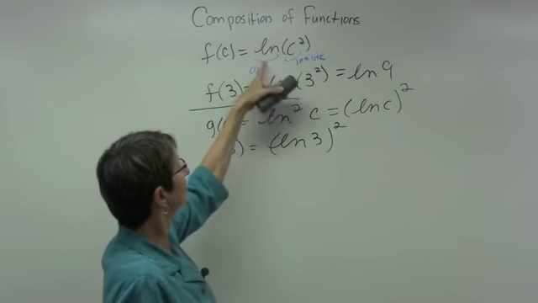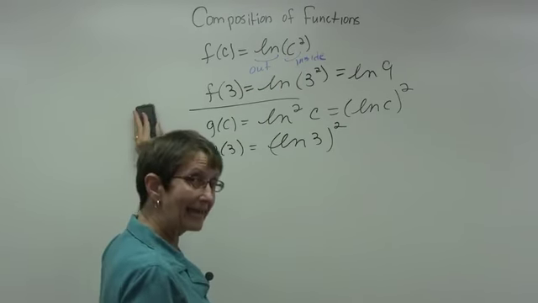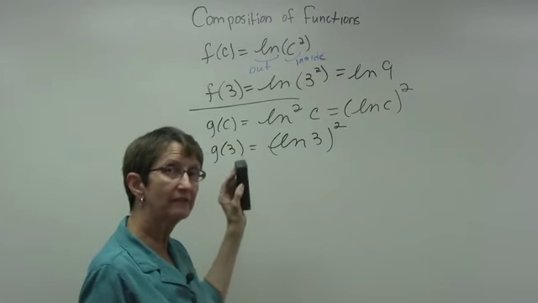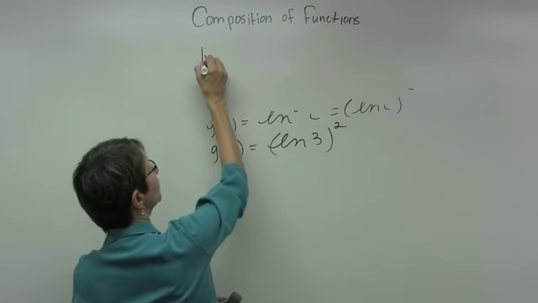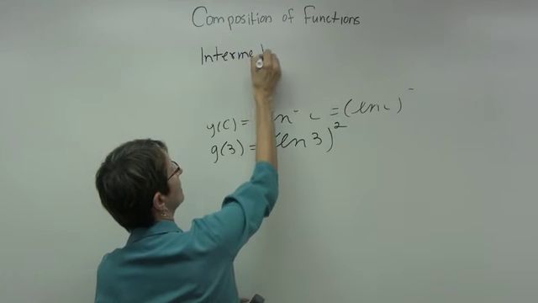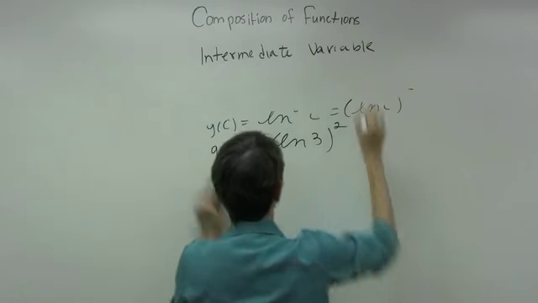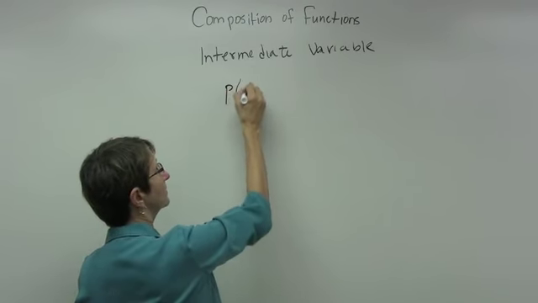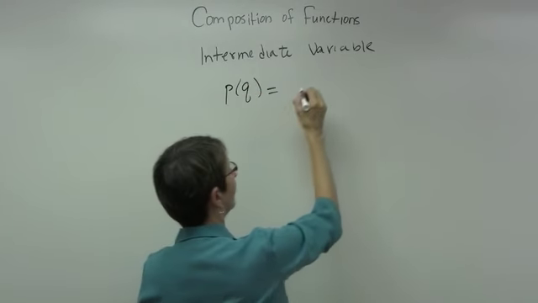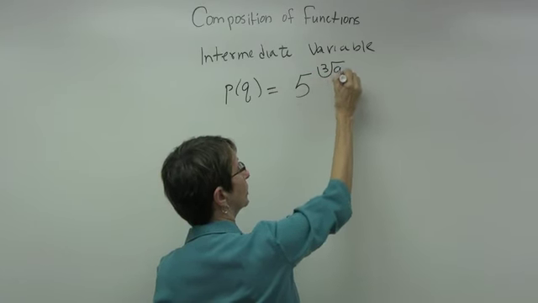Now, I didn't write an outside function and an inside function. I did not write them separately, but we can using what's called an intermediate variable. So let's look at an intermediate variable when we're working with composition. Suppose our function is p of q equal to 5 raised to the cube root of q.